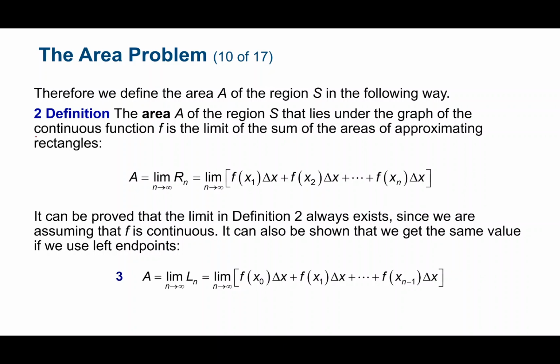That is one thing we're assuming for now, that the function that's giving us our curve is continuous. And the area under the curve is the same as that limit. We're thinking about the limit as we approach an infinite number of rectangles underneath the curve. Same thing happens if you use the left endpoint or the right endpoint.